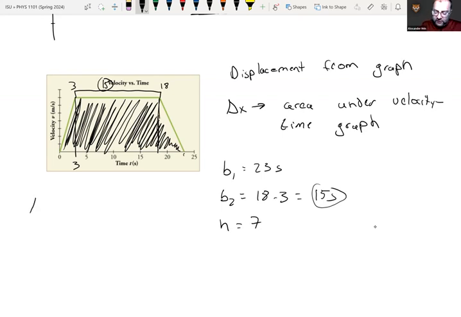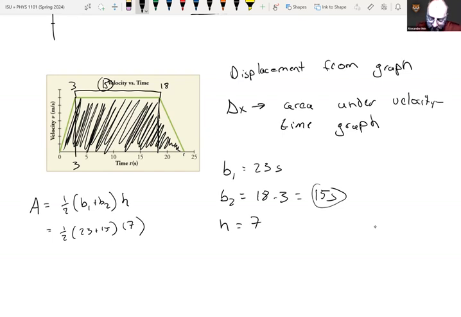So as a reminder, the area of a trapezoid is 1/2 times b1 plus b2 times height. If it helps, you can actually convert that into two triangles and a rectangle, if you need help getting it that way. But basically it's going to be 1/2 times 23 plus 15 times 7.